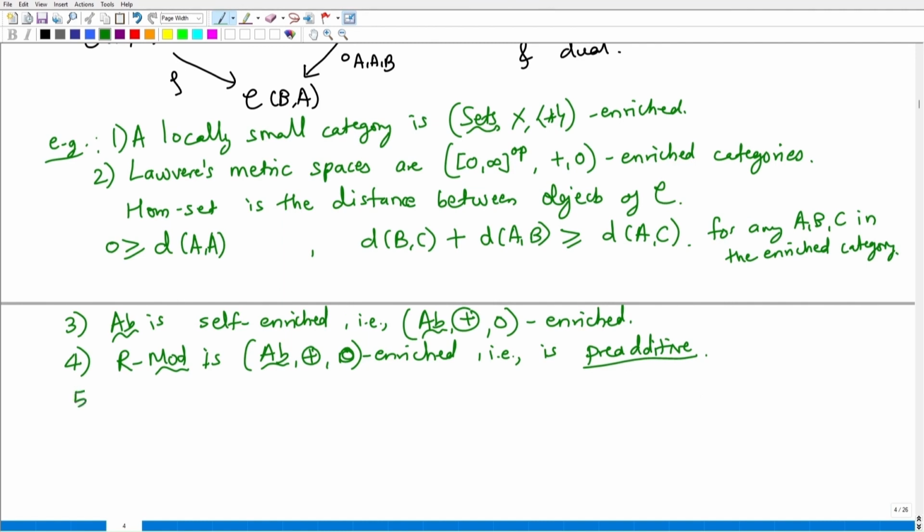Okay, another example is Pos, which is also self-enriched with respect to the Cartesian monoidal structure. So one comment to make here is that any closed monoidal category is self-enriched.